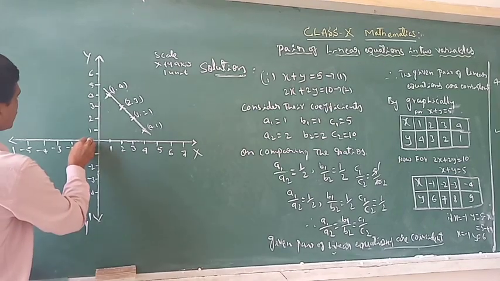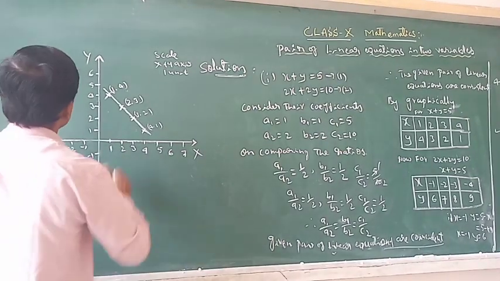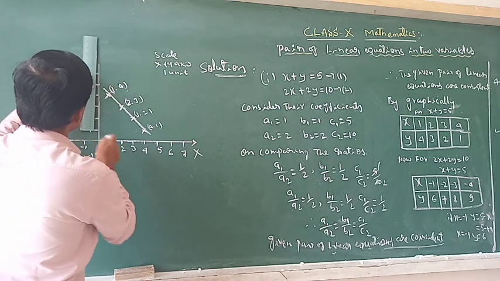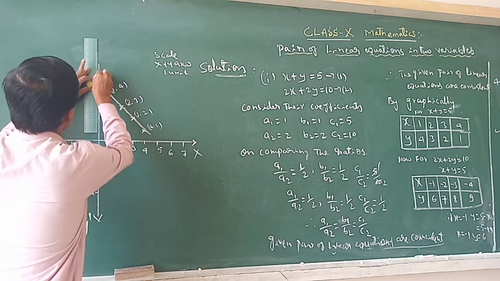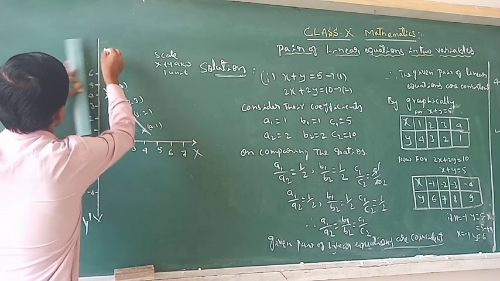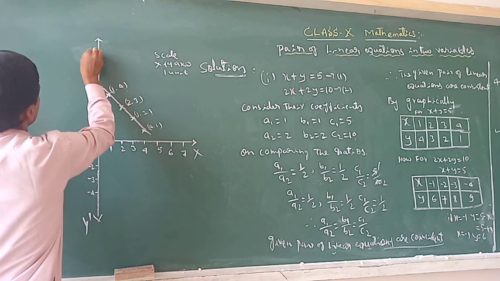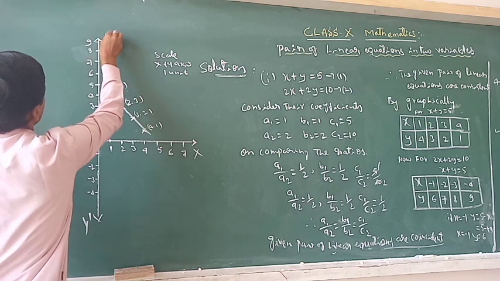Minus 1 to 6, up to how much? 9 it is. So we can increase the axis also. I just written roughly; draw it properly using graph paper. Here it is 7, here it is 8, consider the 9.